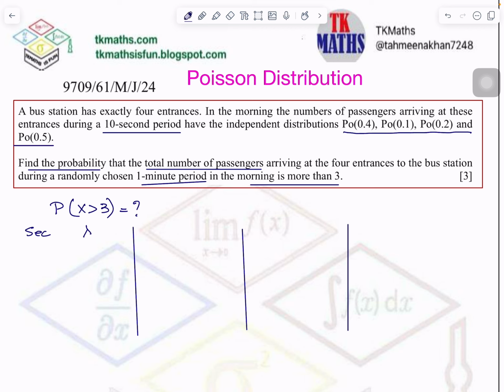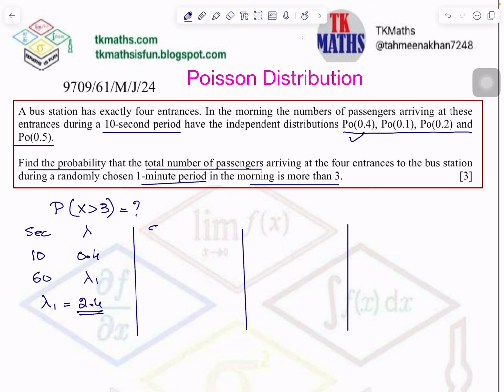In the question it is given 10 seconds and lambda is 0.4, first case. And we have to find out for 1 minute. So for this entry, in 1 minute, which is 60 seconds, what will be my lambda? You cross multiply here. I'm calling it lambda 1. It will be 60 times 0.4 divided by 10. So it is 2.4.